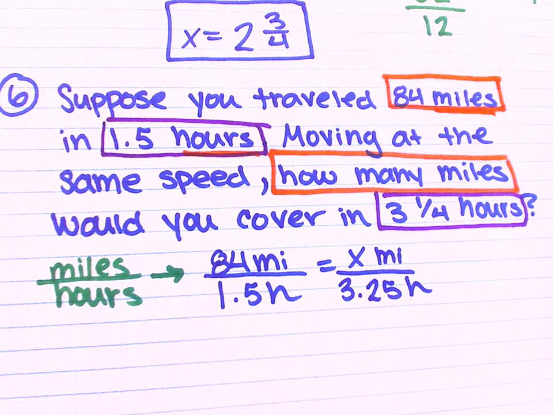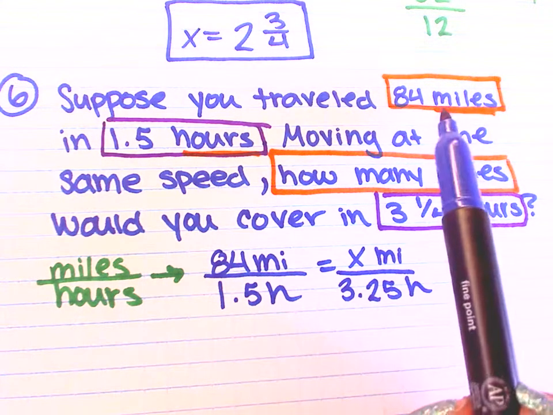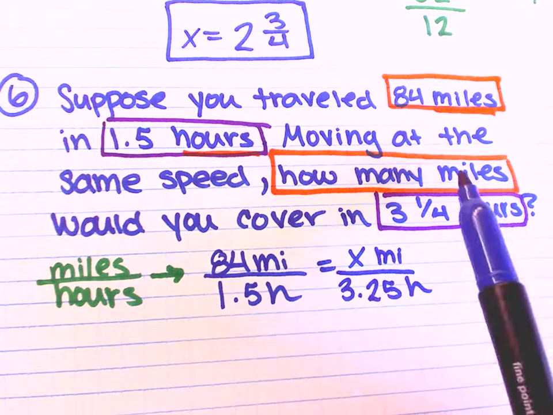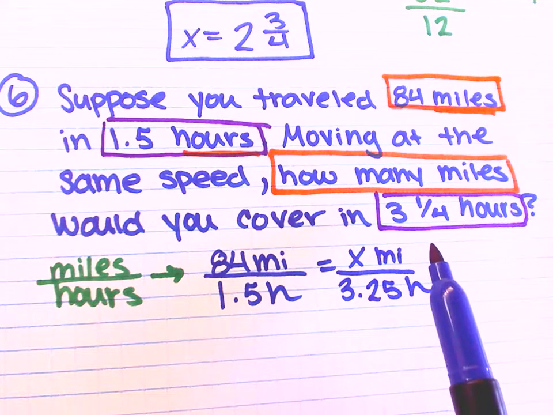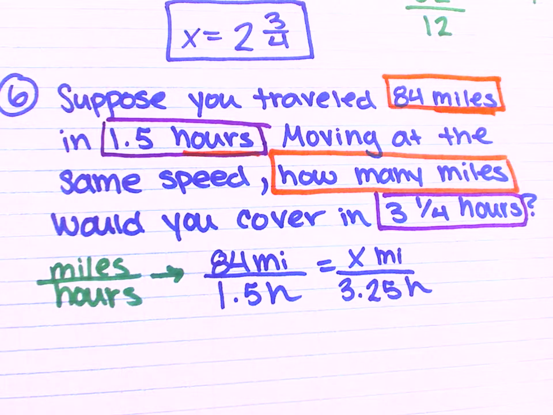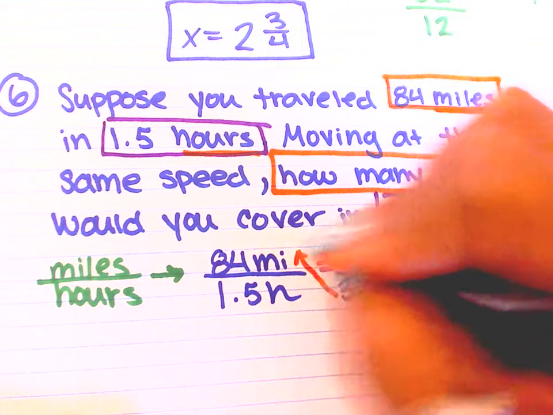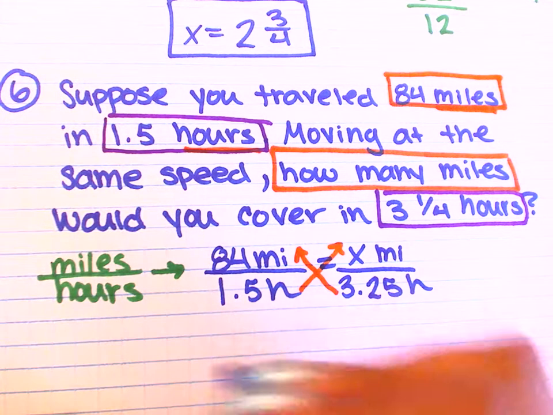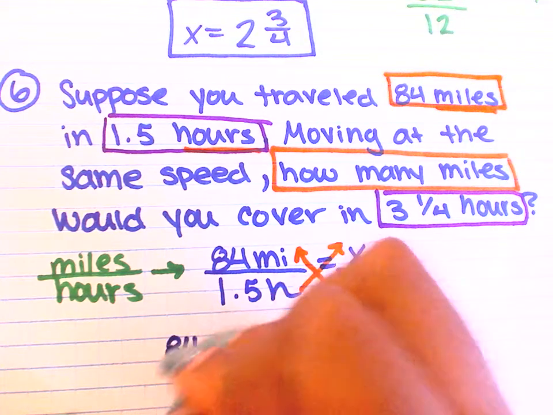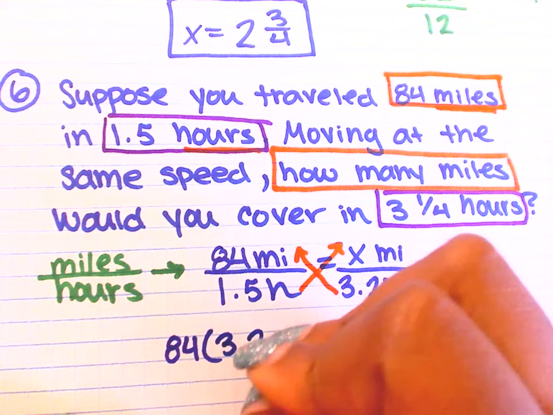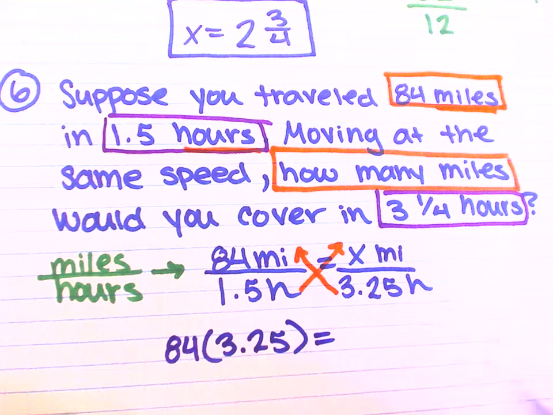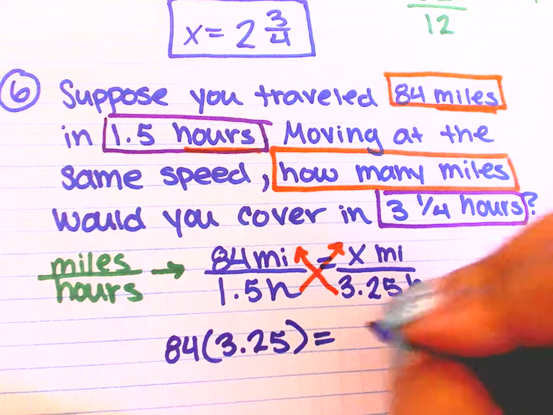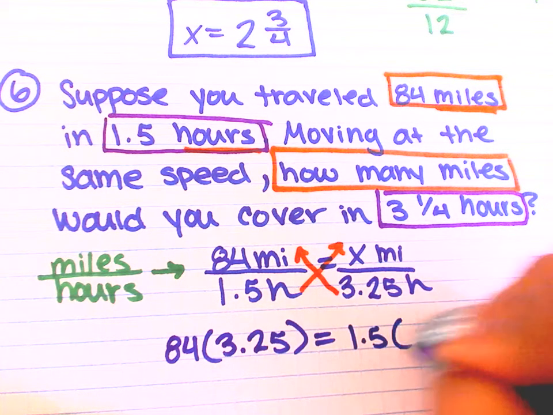So my miles stay on the top, my hours go on the bottom. So this was 84 to 1.5, this was x to 3.25. So then you do the same thing, cross multiply, rewrite it, 84 times 3.25, so I'm following my arrows, equals 1.5 times x.